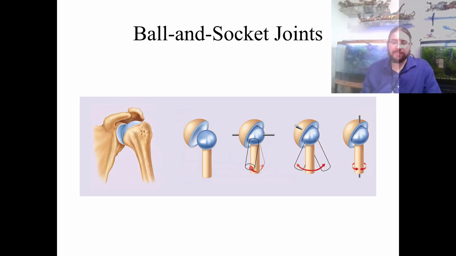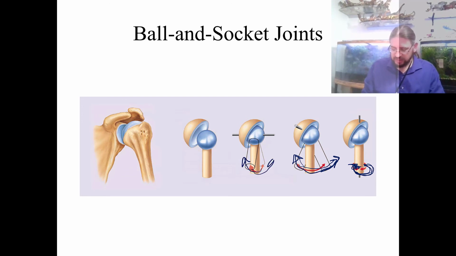So you can have a pivoting style motion where it rotates in place. You can have adduction, abduction, where you move away or towards the midline, and you can have a flexion, extension.